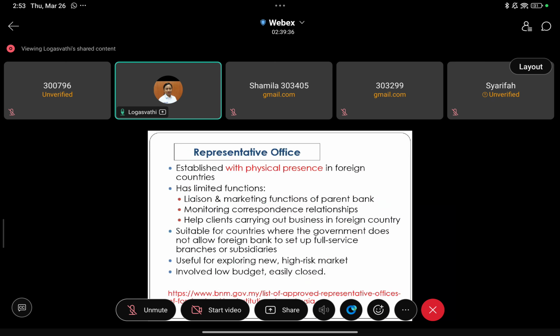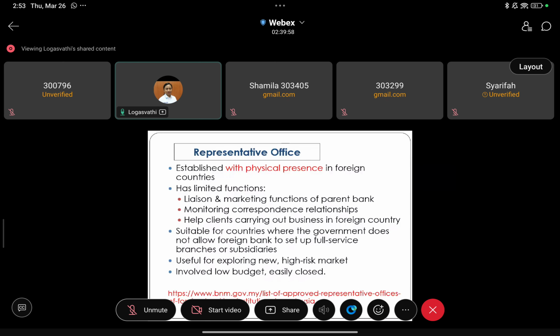This representative office is very low budget. It's only one staff with one table, with one computer. That's it. Okay, it is easy to set up and also easy to shut down. It's easy to close, and the licensing to get a representative office is much easier compared to a branch or agency.